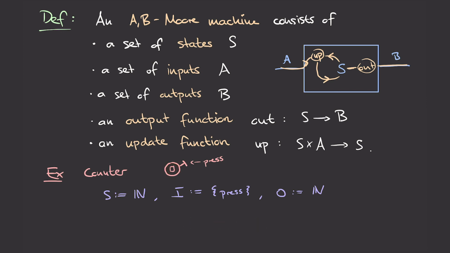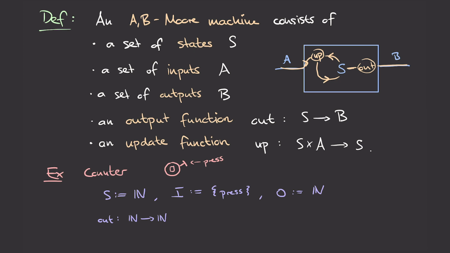Now that we've decided on our set of states, inputs, and outputs, we need to define our output and update functions. So let's start with the output function, out. This is a function going from the set of states to the set of outputs, which in our case will be a function from the naturals to the naturals. Now we're thinking about our set of states as being the current count as tracked by the counter.